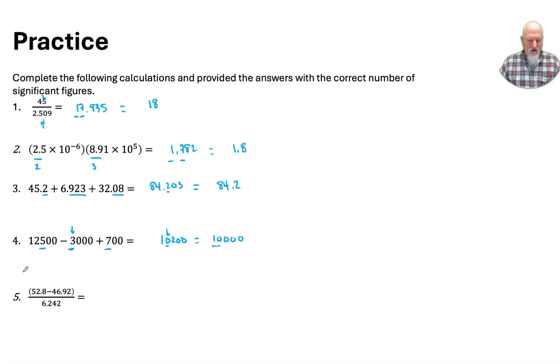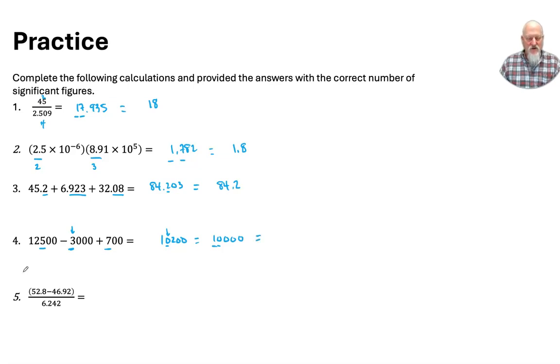Theoretically, that 0 is significant. And when I write it as 10,000, it doesn't look significant. Right? It looks like there's only one significant figure there, but there should be 2. The 10,000s position and the 1000s position are both significant. So it should look like 2 significant figures. When I write 10,000, it only looks like 1, because trailing zeros aren't significant unless there's a decimal. Now I could put a decimal there, but that would make it look like 5.